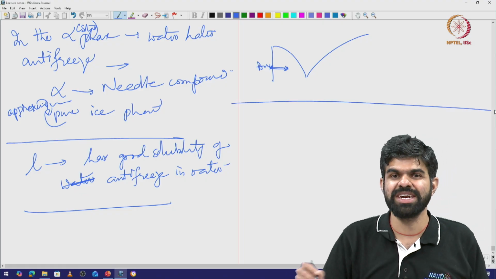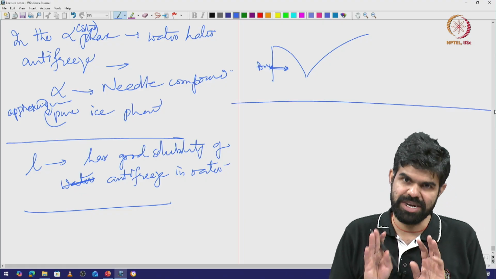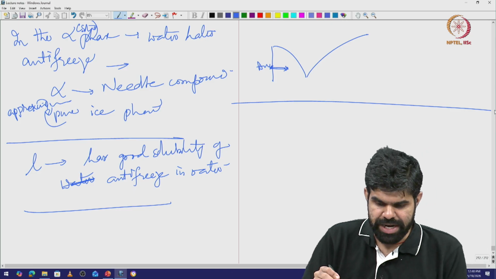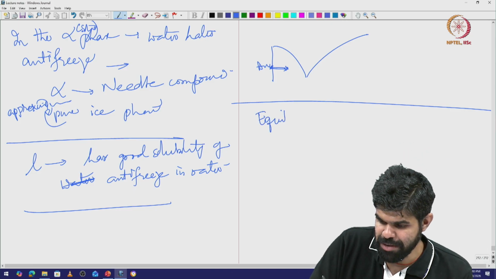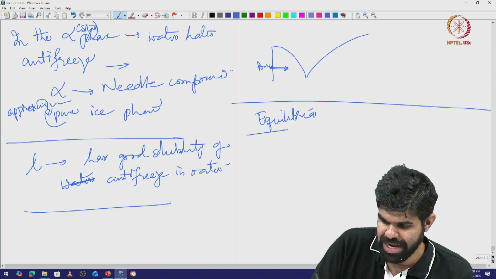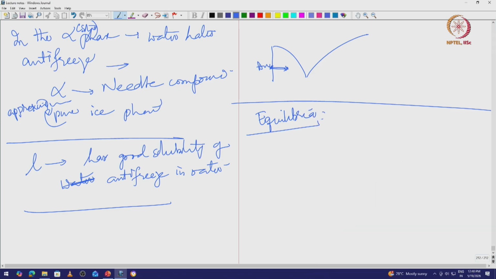So that's what we are going to do, and for that let us quantify it. Earlier we were just looking at a qualitative picture, this time let us quantify it, okay. For quantification I am always going to look for equilibria, right. So again let me go back to solid liquid equilibria now, and this is much steeper, right.